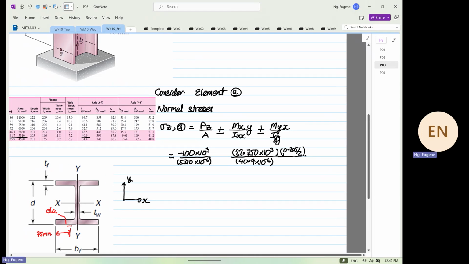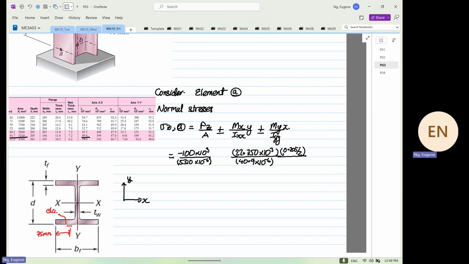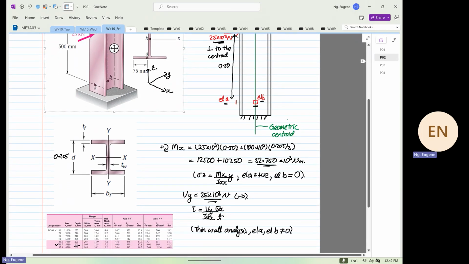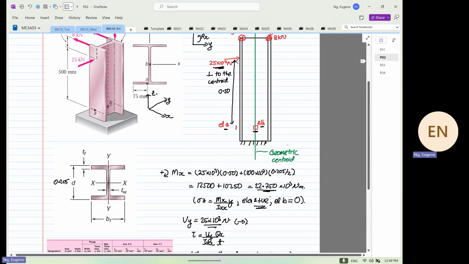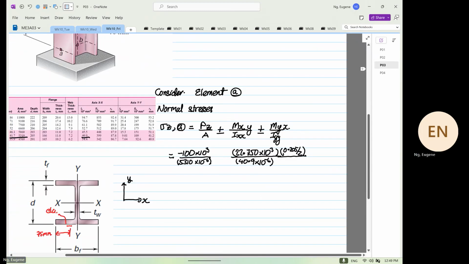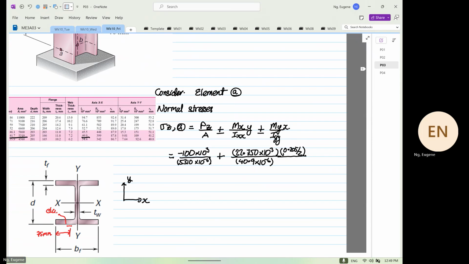From here, for the moment about x at point A, could you remember whether it is tensile or compression? I can't remember now. So you look at the moment about x, and element A is in tension. So now you put a plus. That is why I made all of you do the analysis earlier.